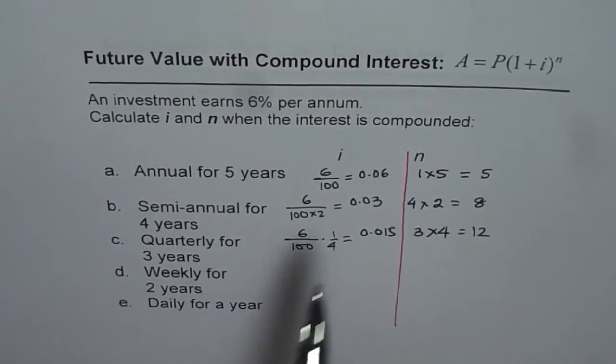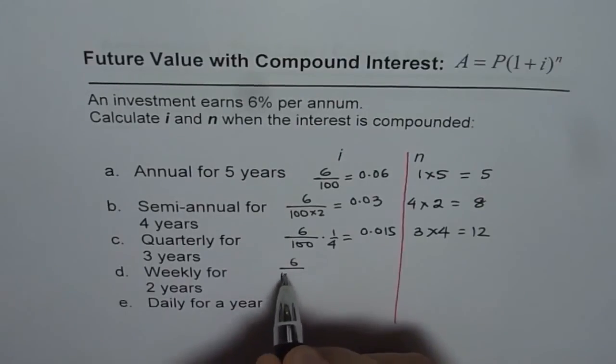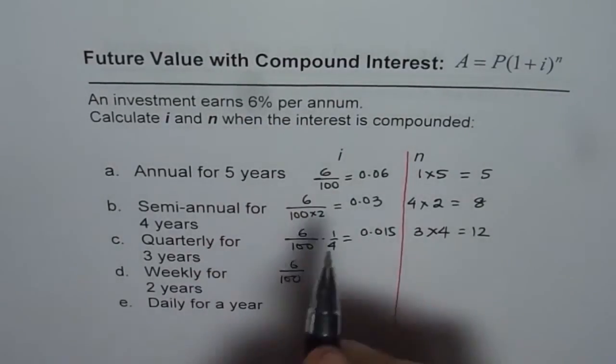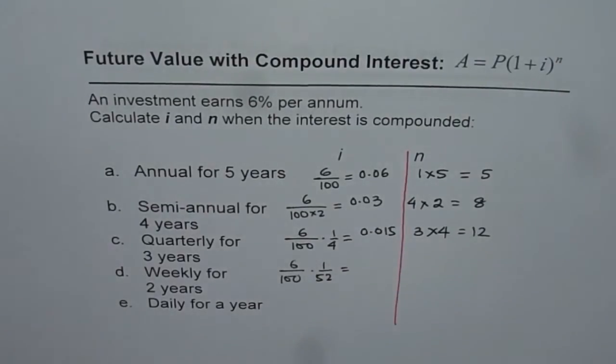Now the next one is when it is compounded weekly for 2 years. Weekly, there are 52 weeks in a year. So we'll divide this 6 over 100, 6% per annum, by the number of weeks, which is 52. So that will be 0.06 divided by 52. Or let me write the fraction value itself, which is better.